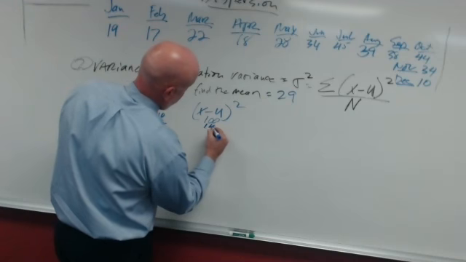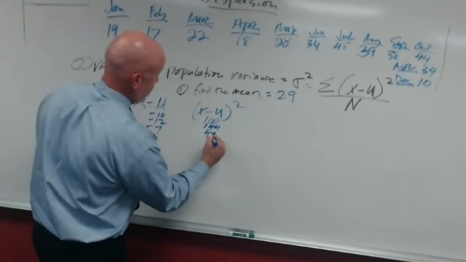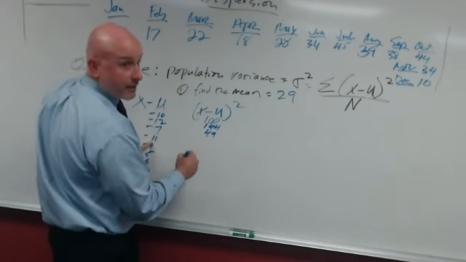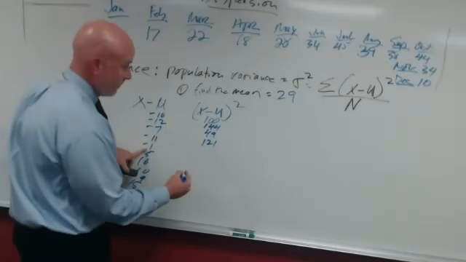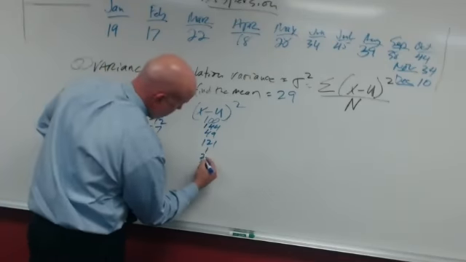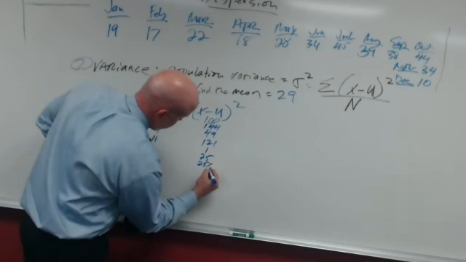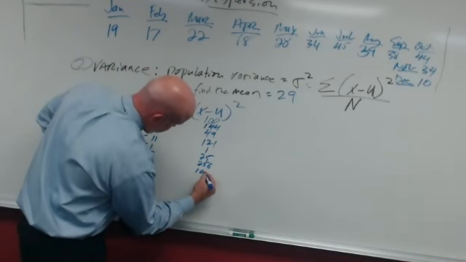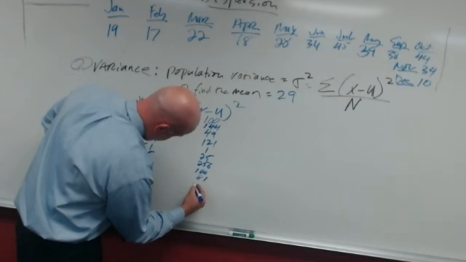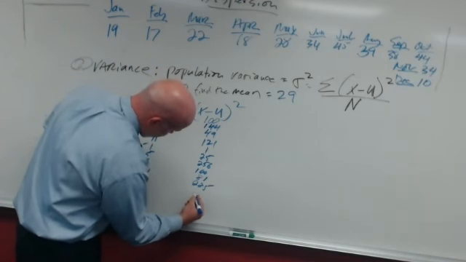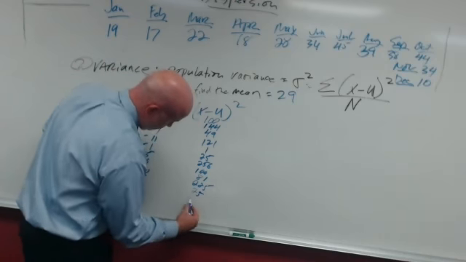So 100, 144, 49, 121, 1, 25, 256, 100, 81, 225, 25, and 361.